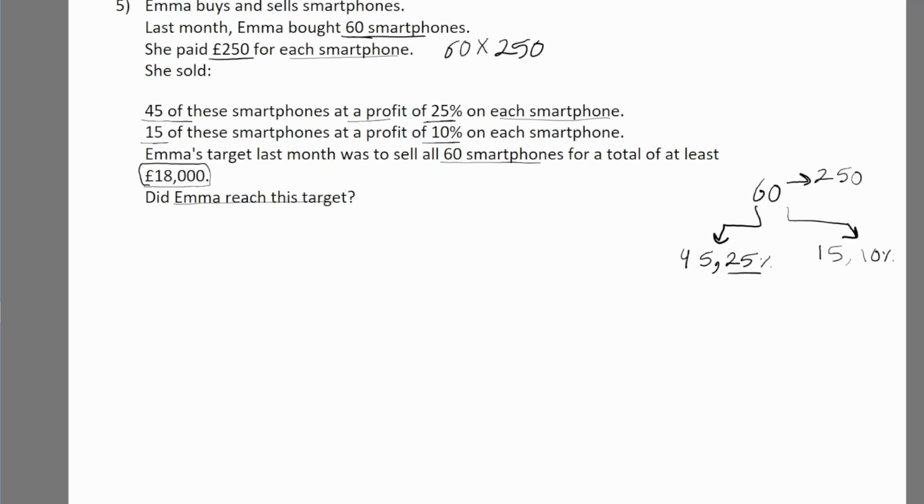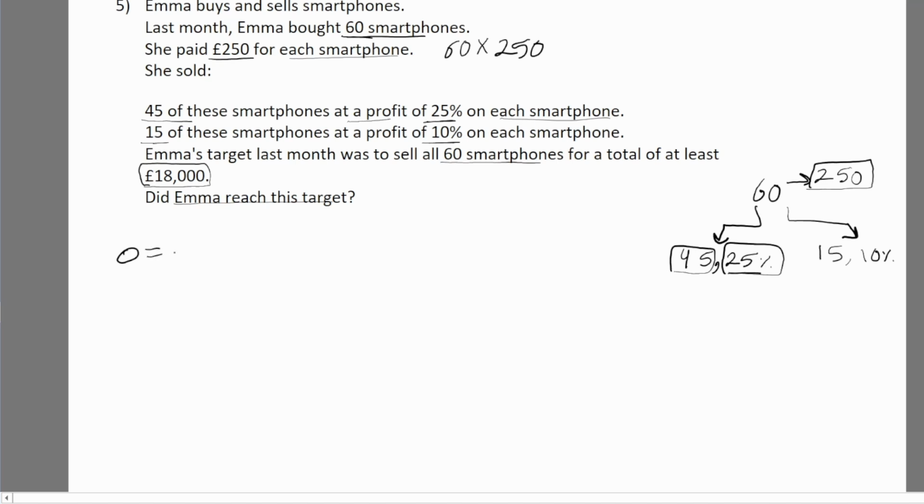So let's find out the total amount of money that she made. Firstly, for the 45 phones, we know that she sold them at a 25% profit. So this is a 25% increase over the original price of the phone.